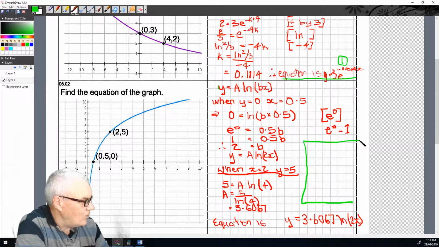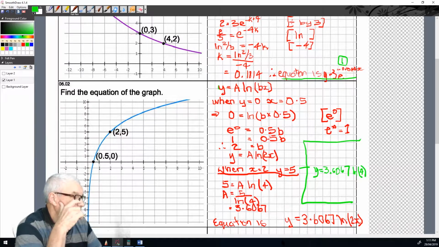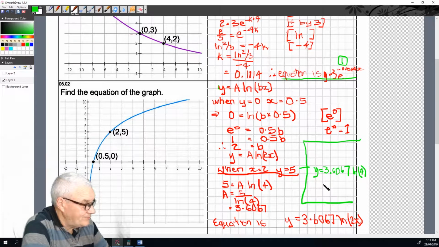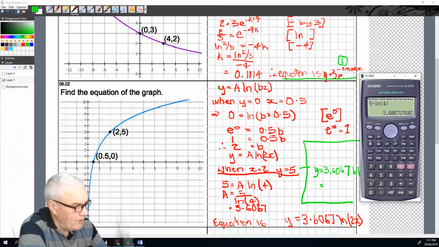And so let's just go on our calculator. y equals 3.6067, because I'm just going here, ln 2x, which is 2 times 2 is 4. Okay, so that'll go there like that. All right, and let's just see what we get on the calculator. Here we go.